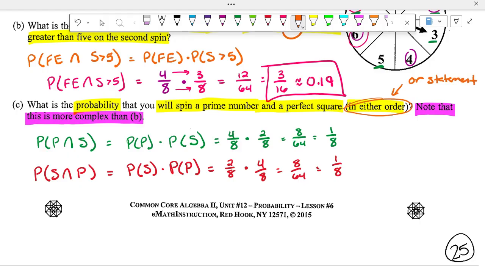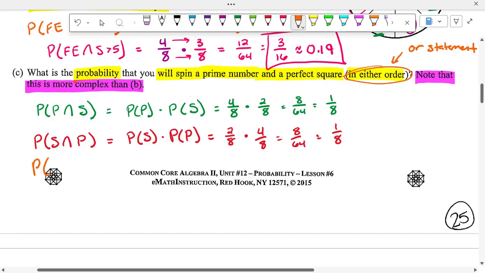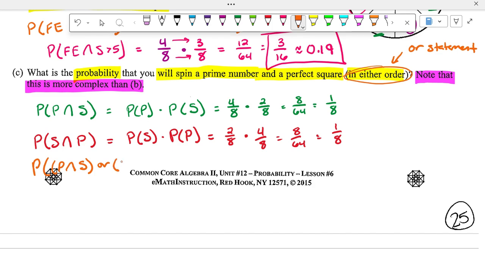Either the prime coming first or the perfect square coming first. We don't care. So we want the probability of P and S or the probability of S and P.